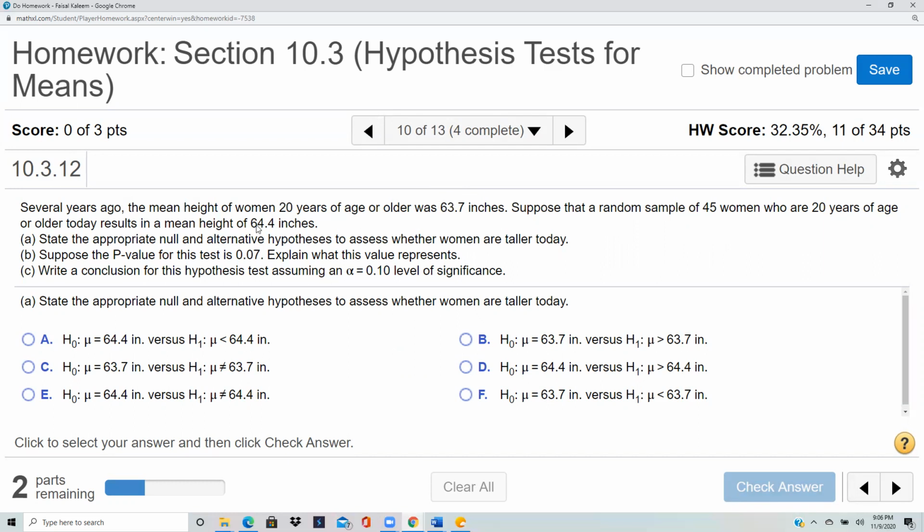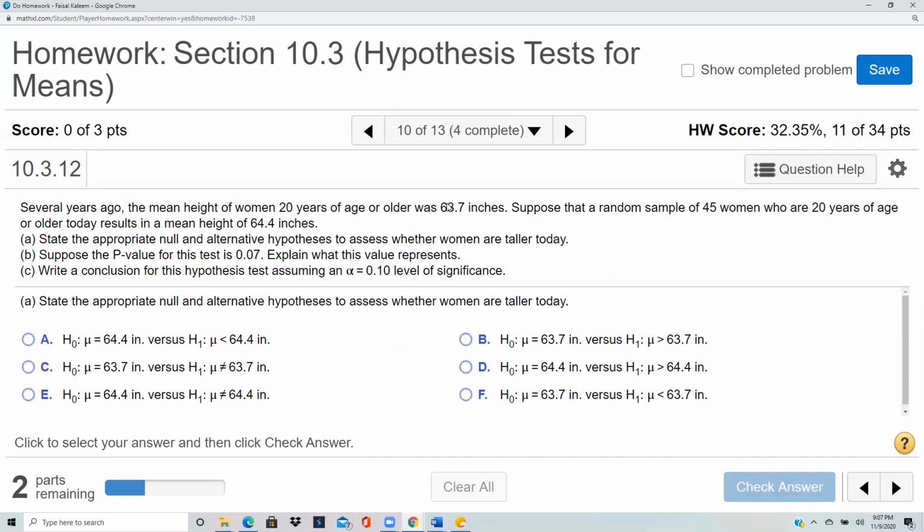The 64.4 is just for a sample of 45 women. In the hypothesis test, you don't use the sample value, you use the default value, which in this case is 63.7. So that should be the null.